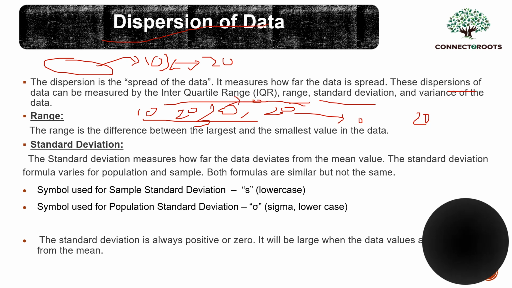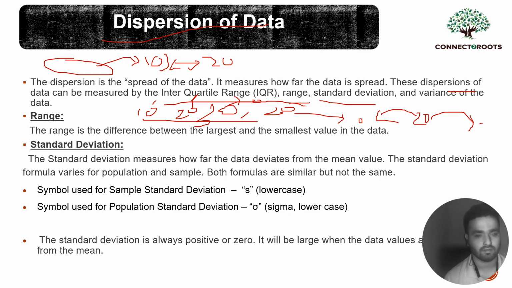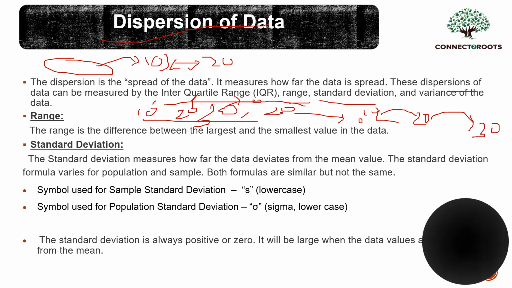This 20 is not deviated, it's 0, and this 10 is deviated by 10 on the negative side. So we came to know that standard deviation is how far the data deviates from the mean value.